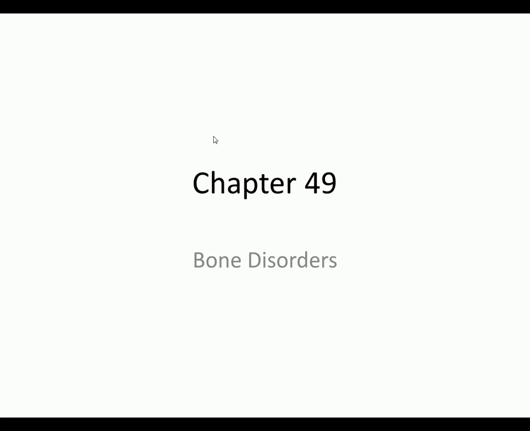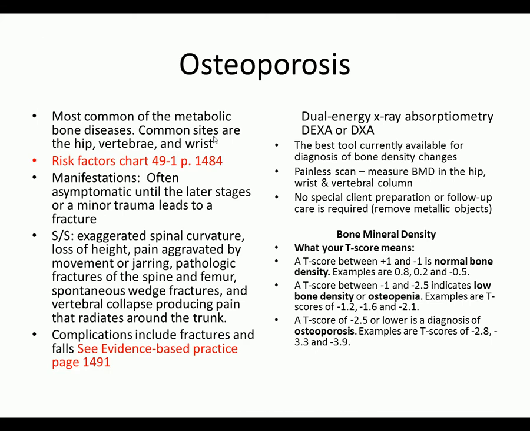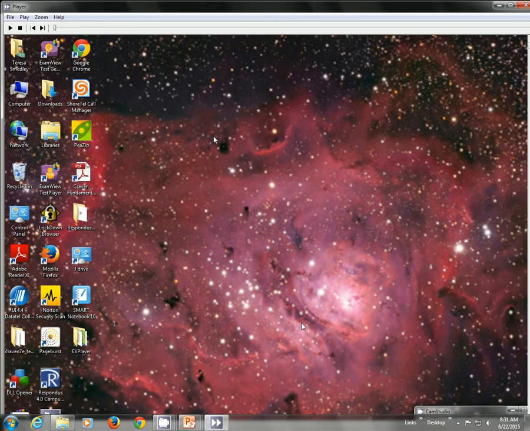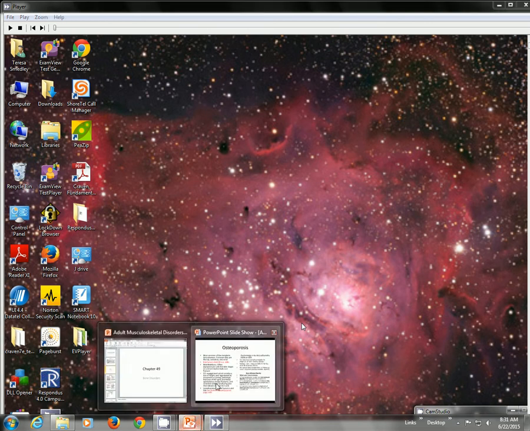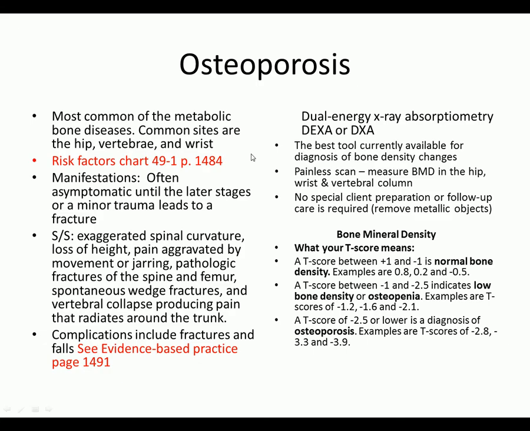Very good chart on chart 49.1 on page 1484 that goes over the risk factors for women and men both for osteoporosis. You need to know a little bit about this.